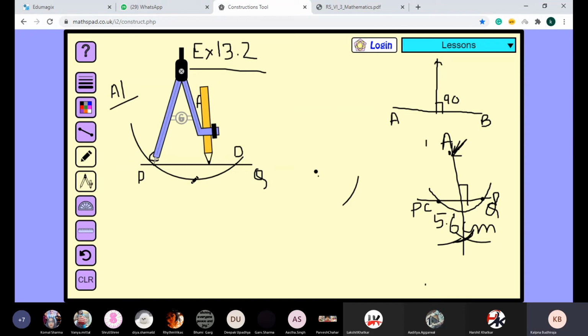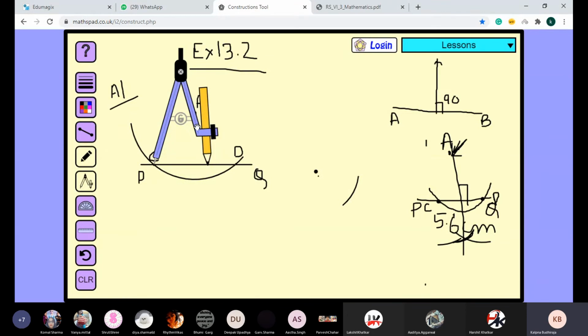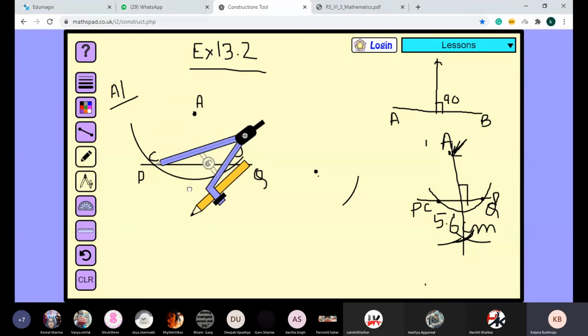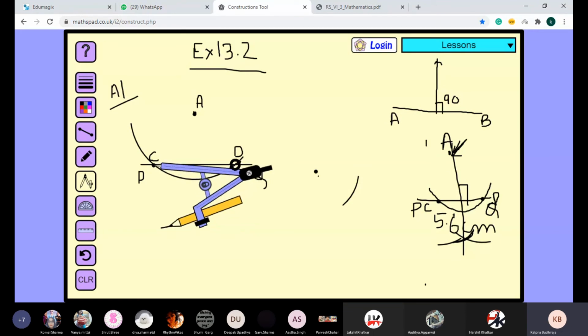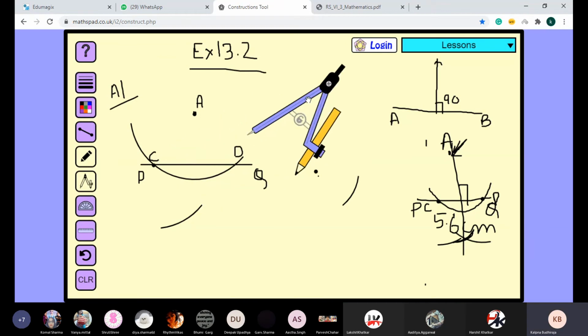Yes, ma'am. Now keep the needle at C, and now you will make a arc here. See how I am making the arc below the previous one. This arc is clear to everyone? Yes, ma'am.